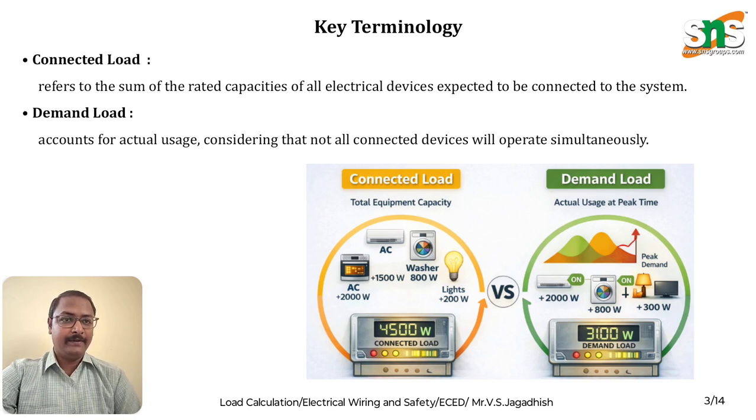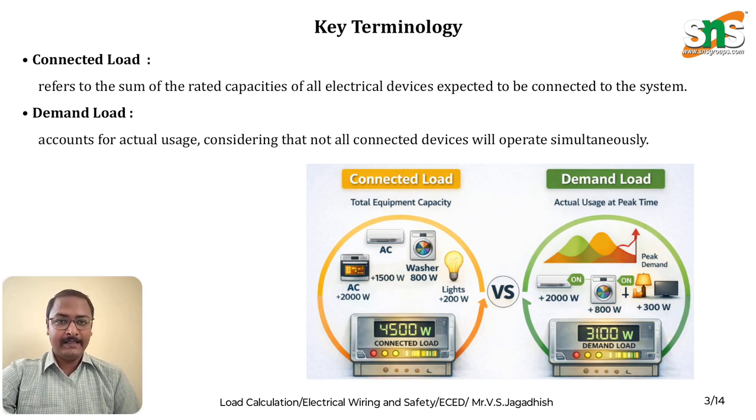For example, if you have an air conditioner, a washer, a light and a TV, and you are using the air conditioner and television, which are directly consuming power, that kind of load is called demand load, which demands power for its operation. Even though the others are connected, they are classified as connected load but not demand load since they are not operating.